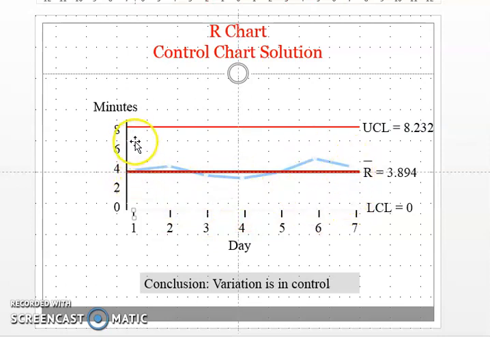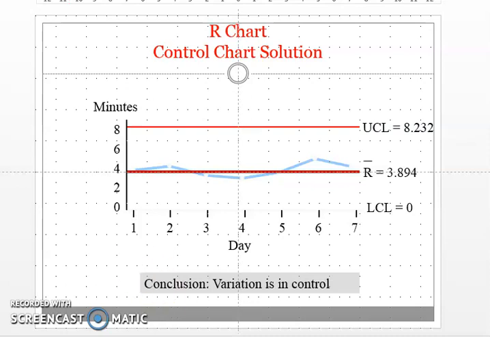First you have to draw this horizontal line R bar, then the upper control limit, 8.232, then the lower control limit, and after that you complete the chart. This is very simple; you should observe that all the points are near the mean line. That's why the process is in control.